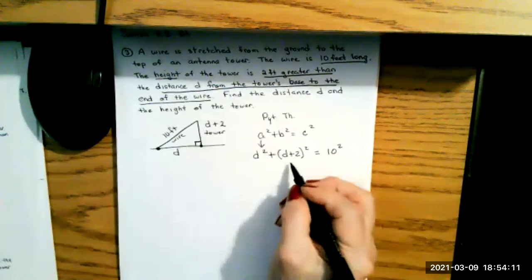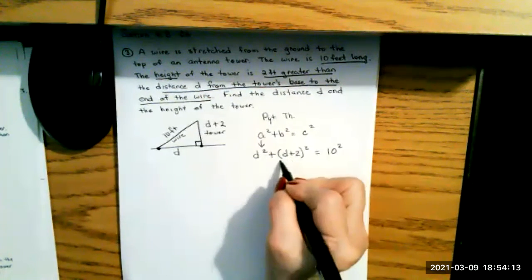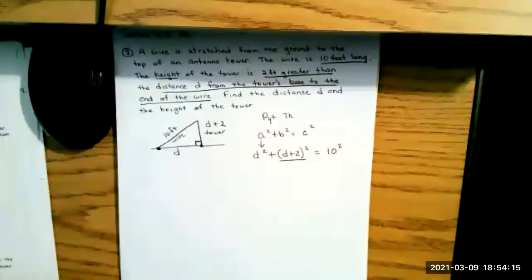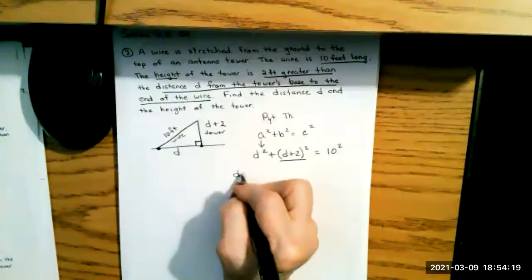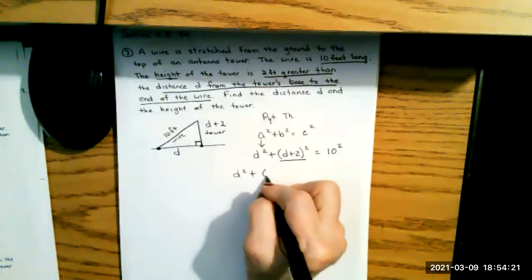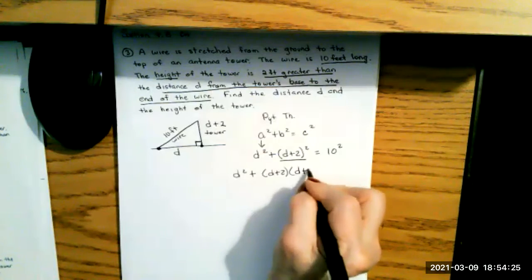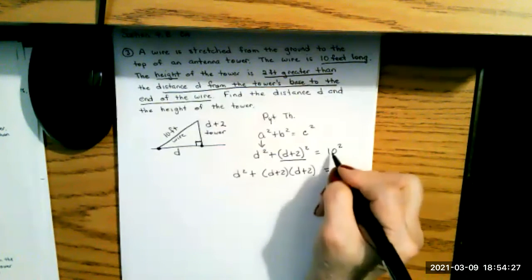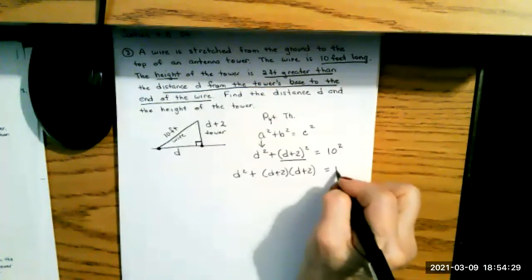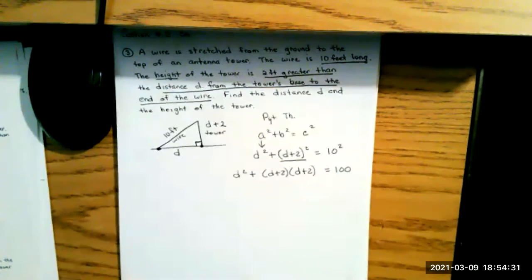All right, remember on our notes where I told you that you're going to need to multiply this one out? So I'm going to rewrite this, D squared plus D plus 2 times D plus 2 equals, and I can go ahead and put 10 times 10, which is 100 over there if I want to.